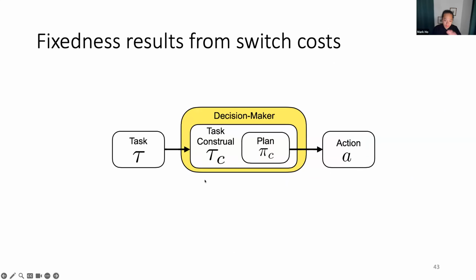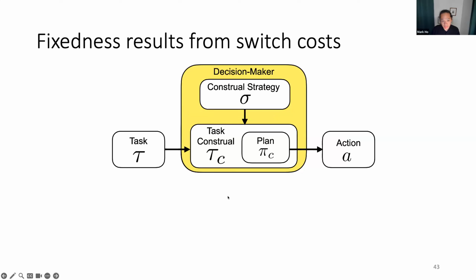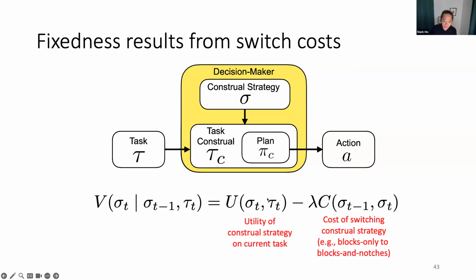But the key relevant thing here for thinking about interactive social systems and social intelligence is that we can think about this as resulting from a kind of switch cost, where on a given task you're not just choosing a construal, but you're biased by the family of construals that you're currently thinking of. So in one case, you could be thinking of blocks and notches, or thinking about only blocks. And there's a kind of stickiness resulting from this switch cost.